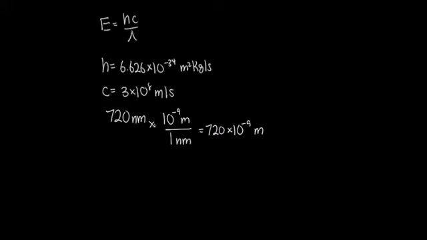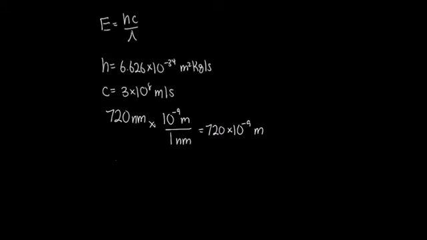Now we put this all together. We have Planck's constant, which is 6.626 times 10 to the negative 34th meters squared kilogram per second, times the speed of light, 3 times 10 to the 8th meters per second.